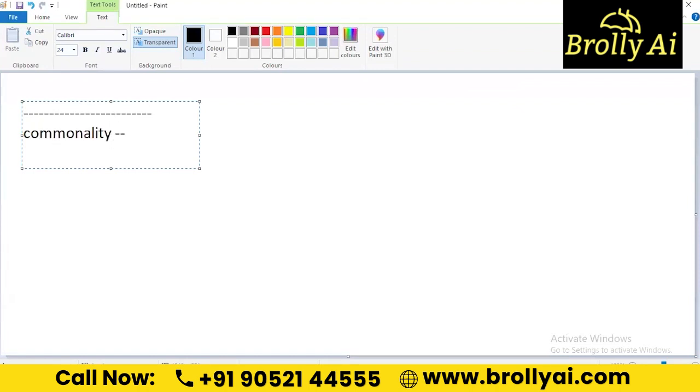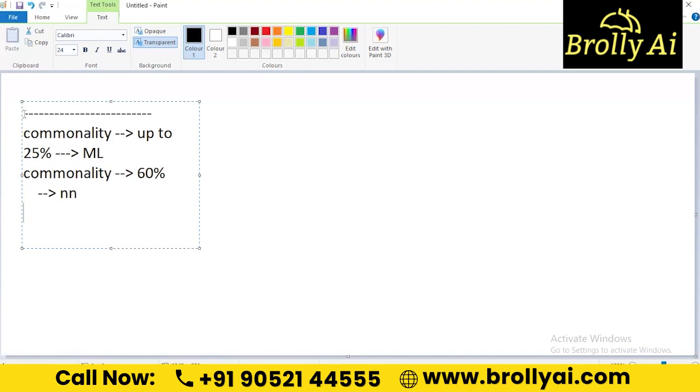If commonality is up to 25%, you can proceed with ML. If commonality is 25 up to 60, you can proceed with a neural network, that means 3 layers: one input layer, one hidden layer, one output layer.